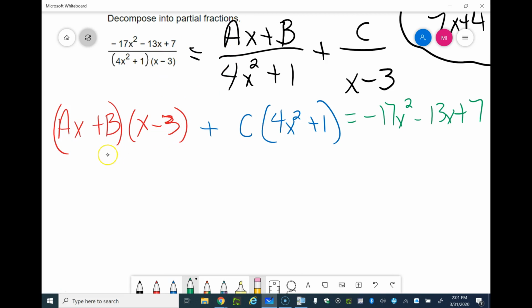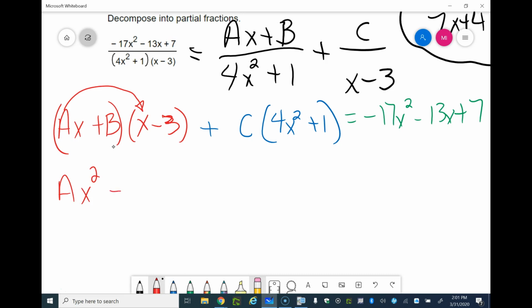Now the next step here is we're going to actually FOIL. So we have to actually do our FOIL technique and get the answer for this part. So if I FOIL, that gives me ax squared.